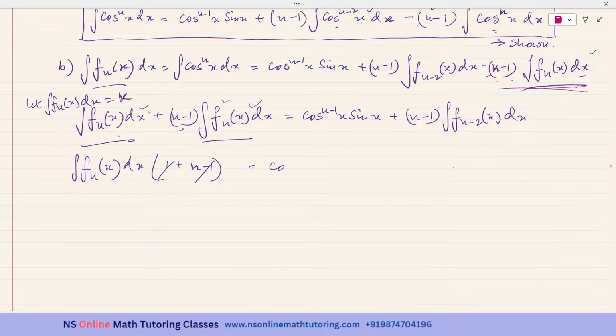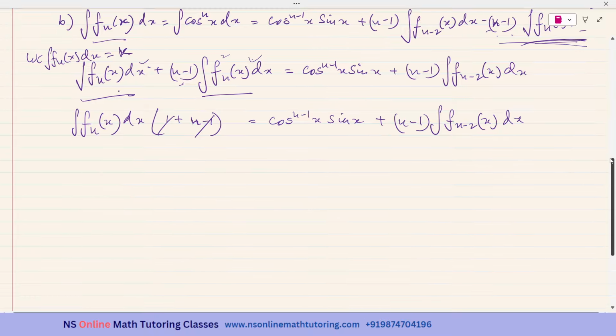So this is equal to cos^(n minus 1) x sin x plus n minus 1 times the integral of f(n minus 2) x dx.